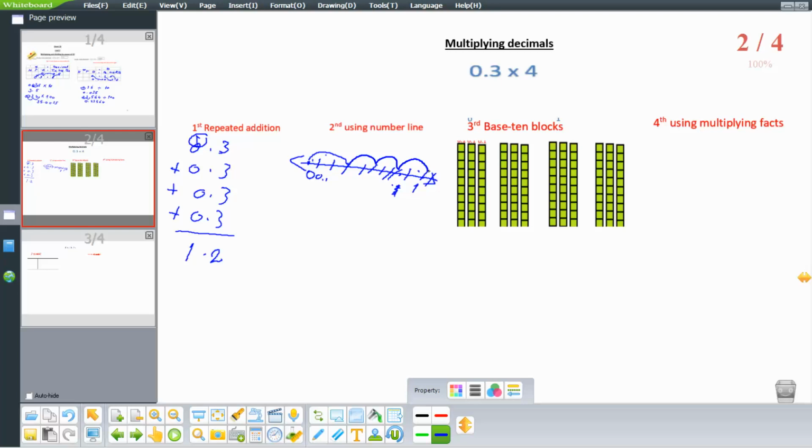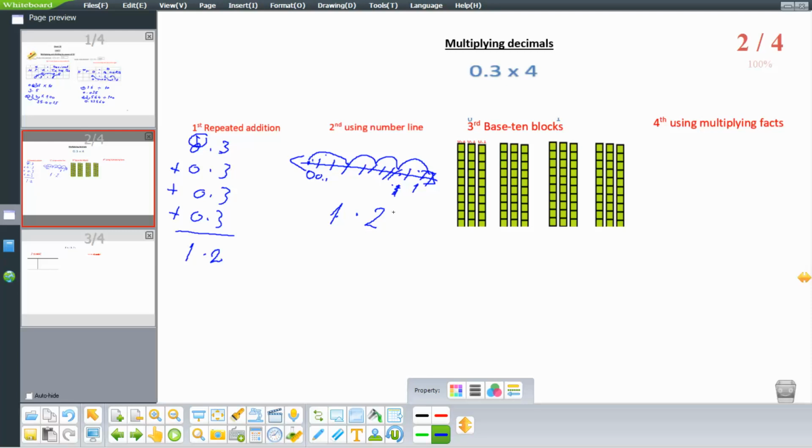So the answer will be 1, and we have another 2. So it will be 1.2.